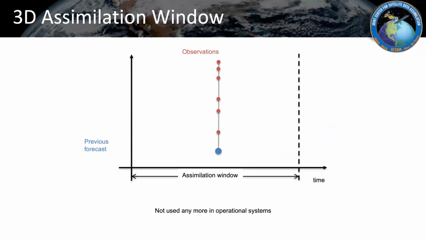It's a lot cheaper because you don't have to run the model back and forth in the assimilation window. But it's also, of course, an approximation, and it's not used anymore in operational systems, as far as I know, at least for the atmosphere. It's still used for some of our applications. And you get your analysis as a kind of a weighted average, if you want, of your background and your observations.